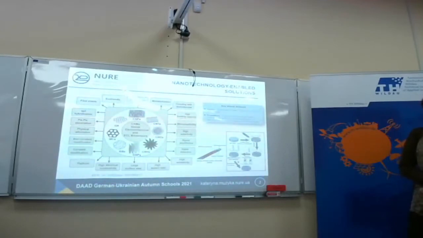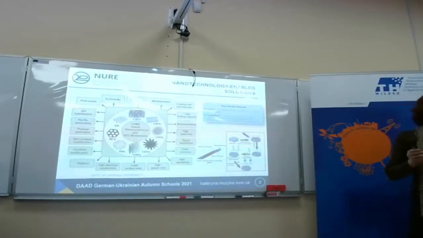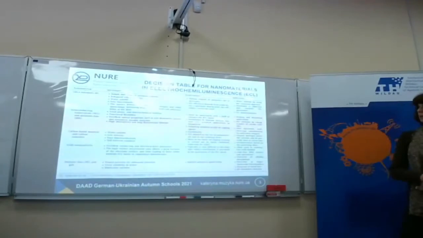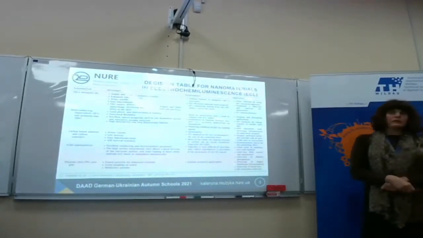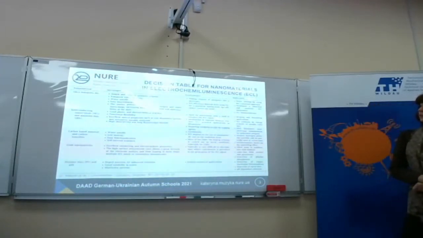So high sensitivity and high selectivity are the main analytical characteristics which can be improved using nanoparticles in the context of sensors. But we also have some problems which need to be solved. It's not so easy to use nanomaterials.